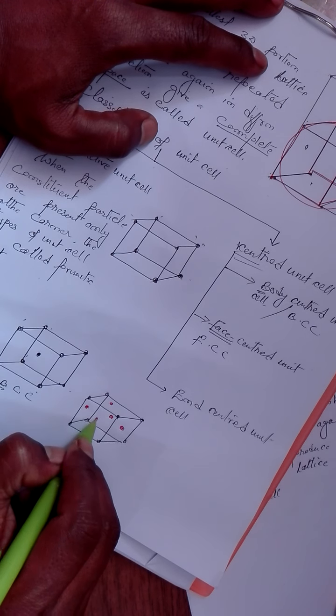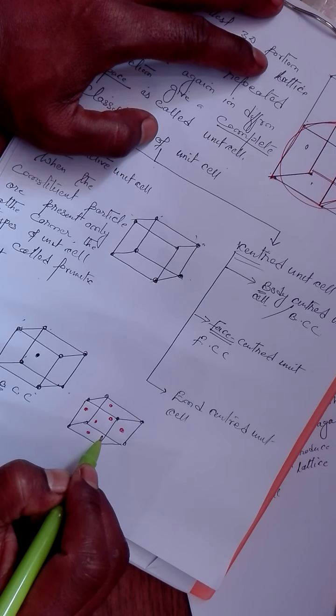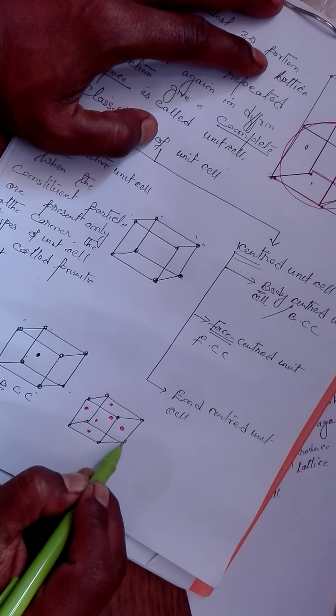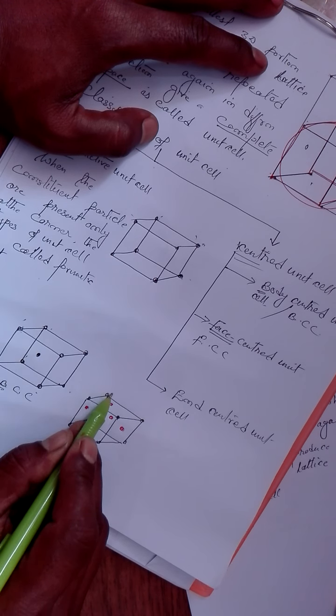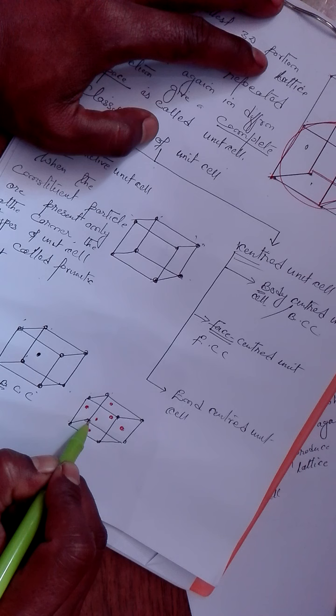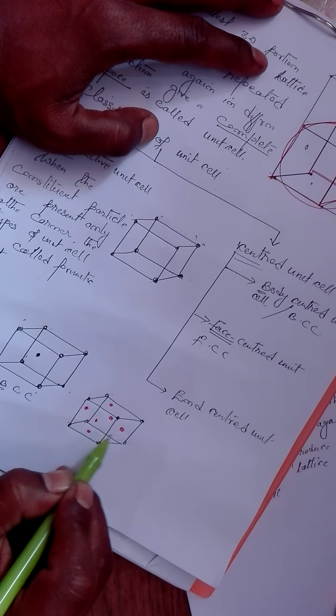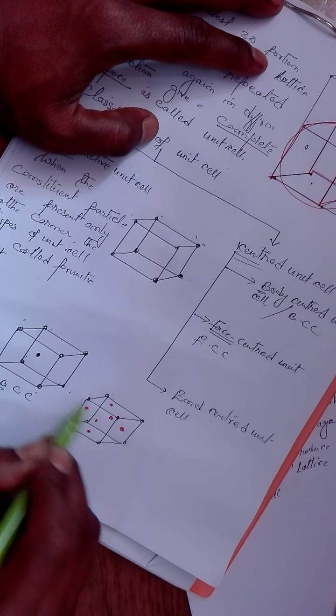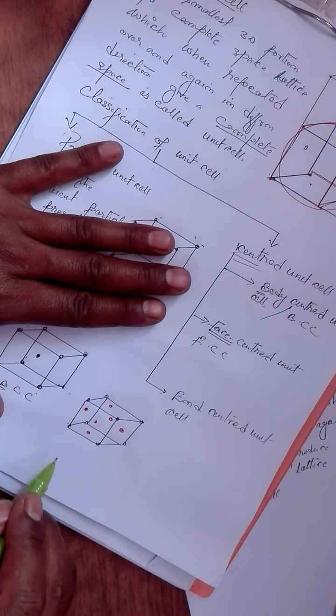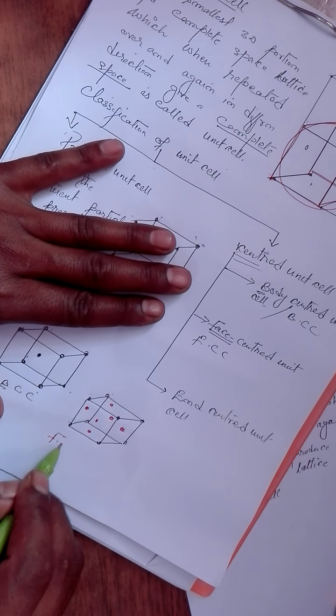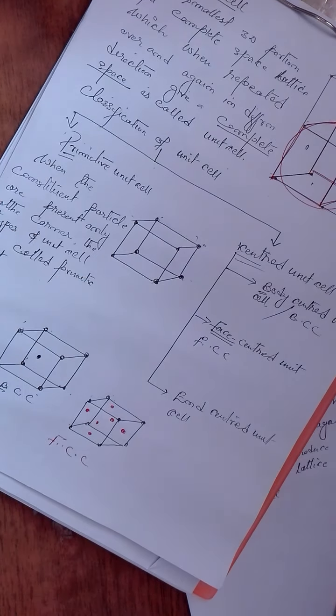Now what do you see in this type of unit cell? Apart from the constituent particles at the corner, there are also constituent particles at the center of each face. Such a unit cell is known as face-centered cubic or face-centered unit cell.